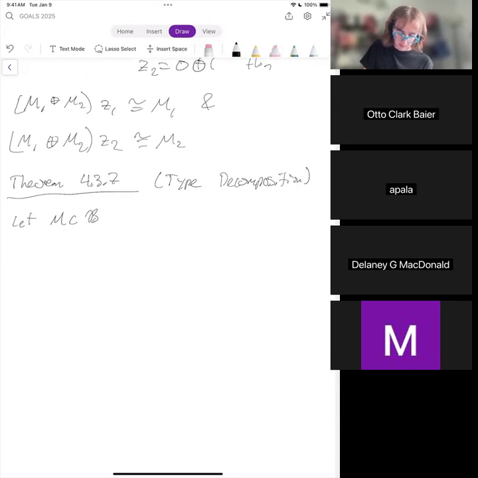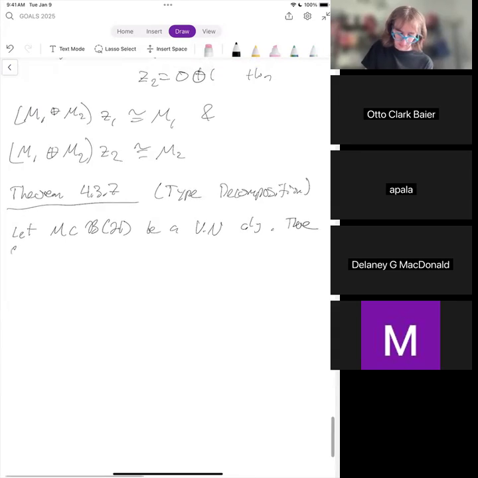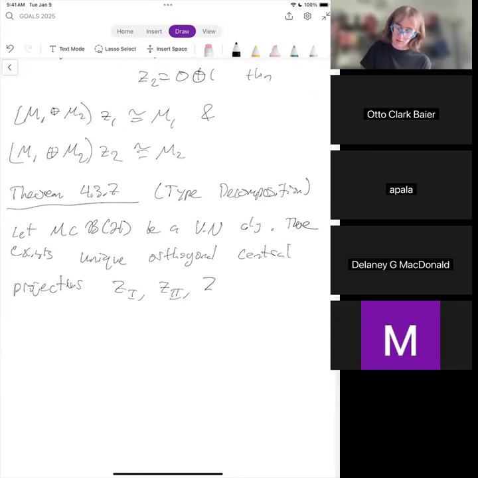For any von Neumann algebra M, there exist unique orthogonal central projections Z1, Z2, and Z3.